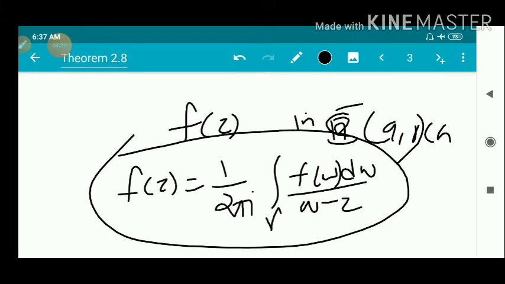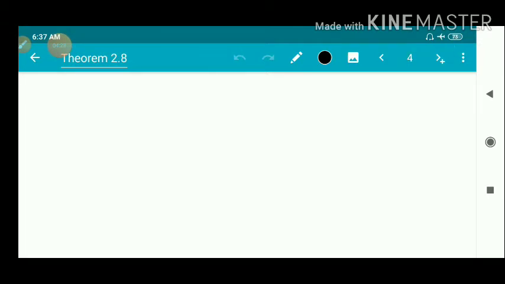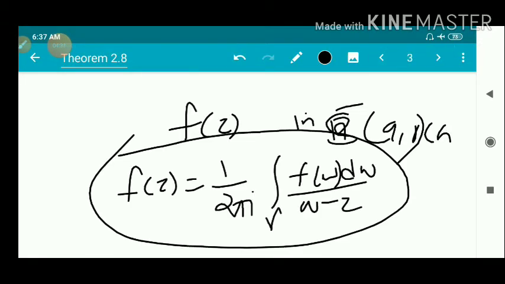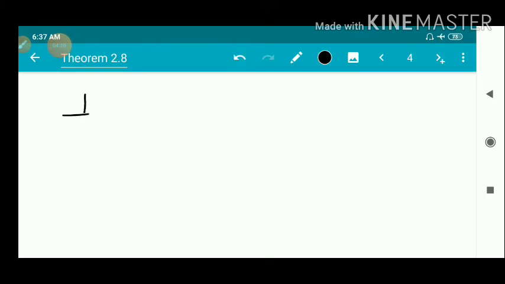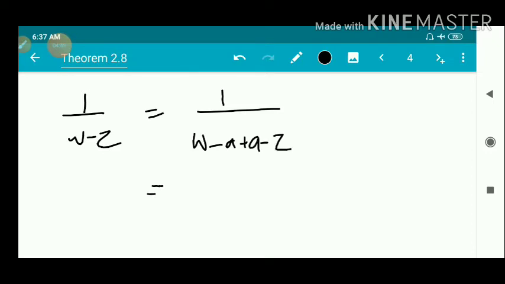So we can apply here the Cauchy's integral formula, that is f of z equal to 1/2 pi i integral over gamma f of w divided by w minus z dw. In this, the term 1/(w minus z) we can rearrange as 1/(w minus a plus a minus z), adding and subtracting the term a.